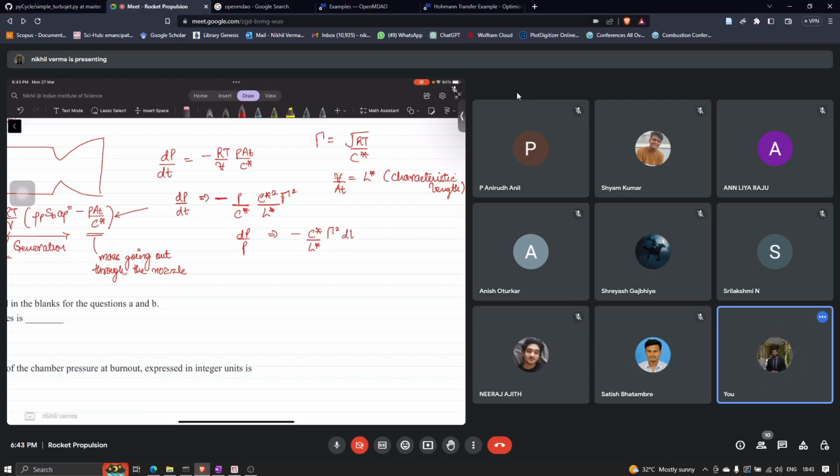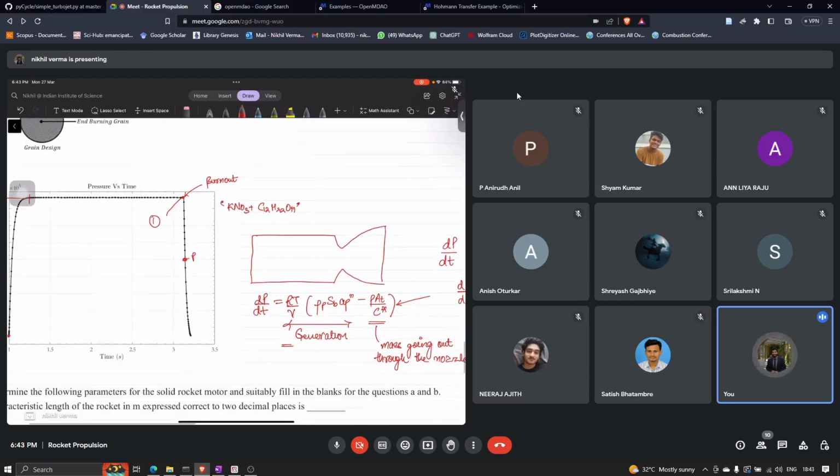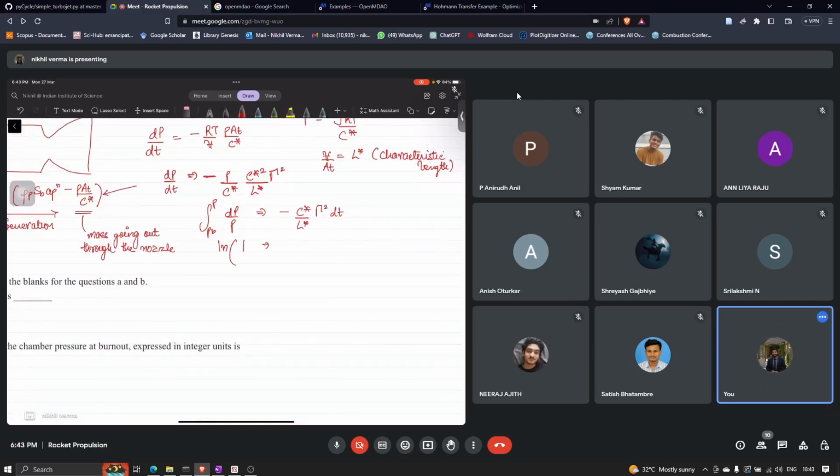square dt. Okay, we'll integrate from P burnout, this is the initial point, to some pressure, say P, where this is P_b. So P by P_b is equal to exponential of minus gamma square c star by L star into (T minus T_b).